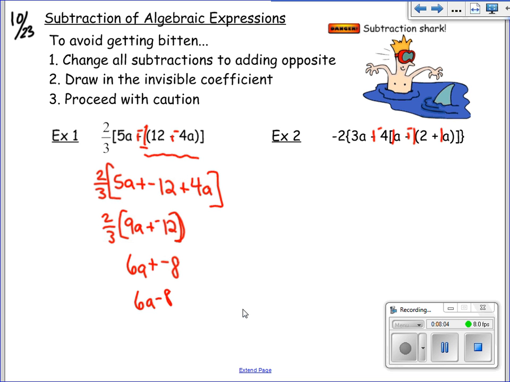Go inside, inside, inside, innermost grouping symbols first, which means I go here. I can't add 2 plus 1a because they are not like terms, right? But I can distribute the -1 throughout. So let's do that. But don't be careless, copy everything else down that's in front of it, just like an order of operations problem. It's kind of like an algebraic order of operations problem.